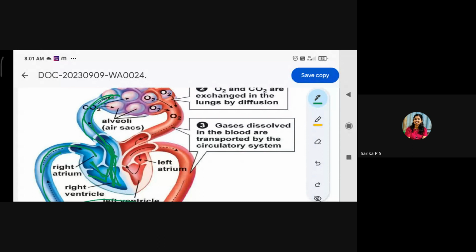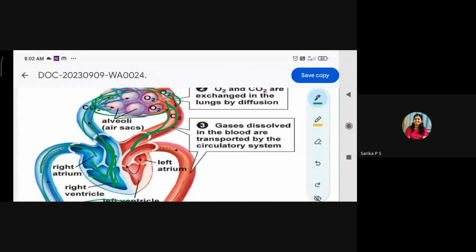Now in the lungs, the blood is getting oxygenated, and after that this pure, oxygenated blood comes back through the pulmonary vein. In the body generally, arteries carry oxygenated blood and veins carry deoxygenated blood.